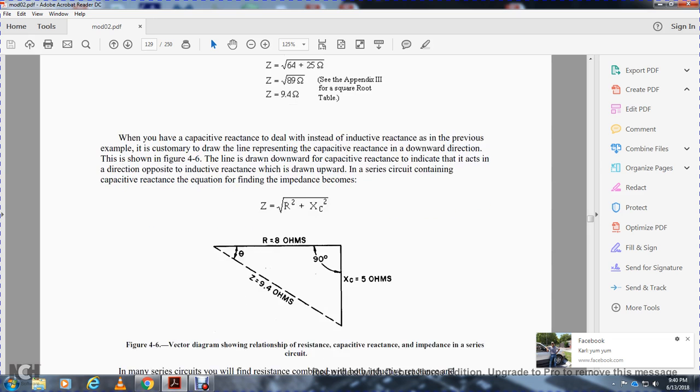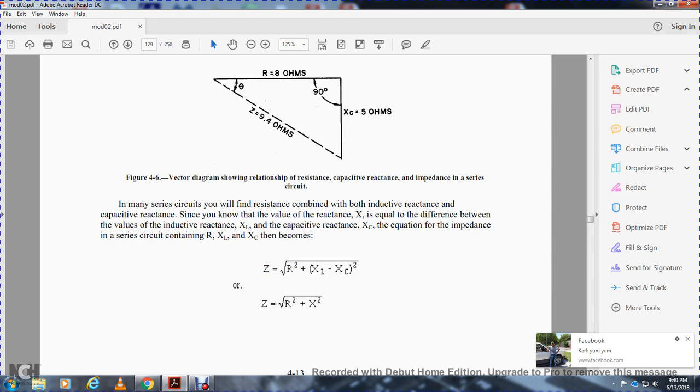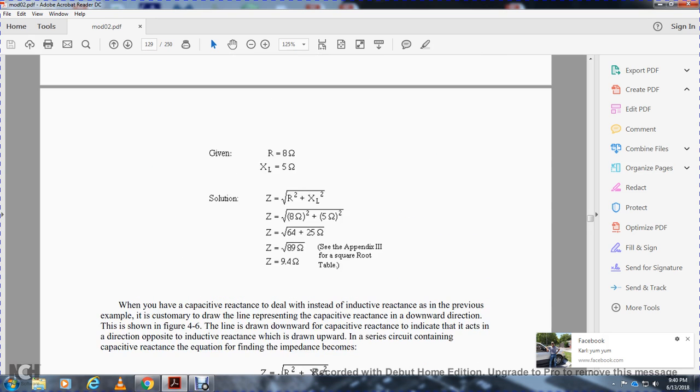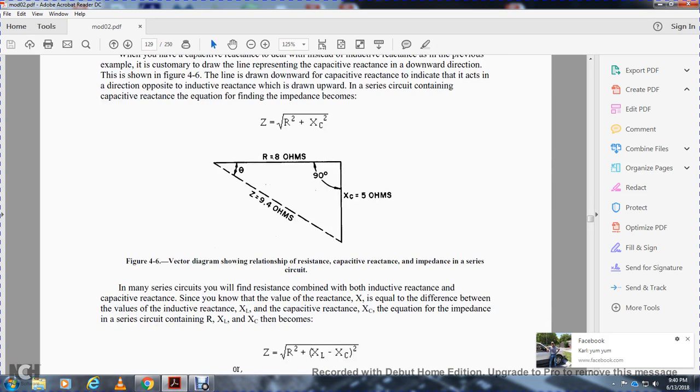You get 9.4 ohms. Alright, in many series circuits you will find resistance combined with both inductive reactance and capacitive reactance. So you now have the value of the reactance X equal to the difference between the inductive reactance and the capacitive reactance.